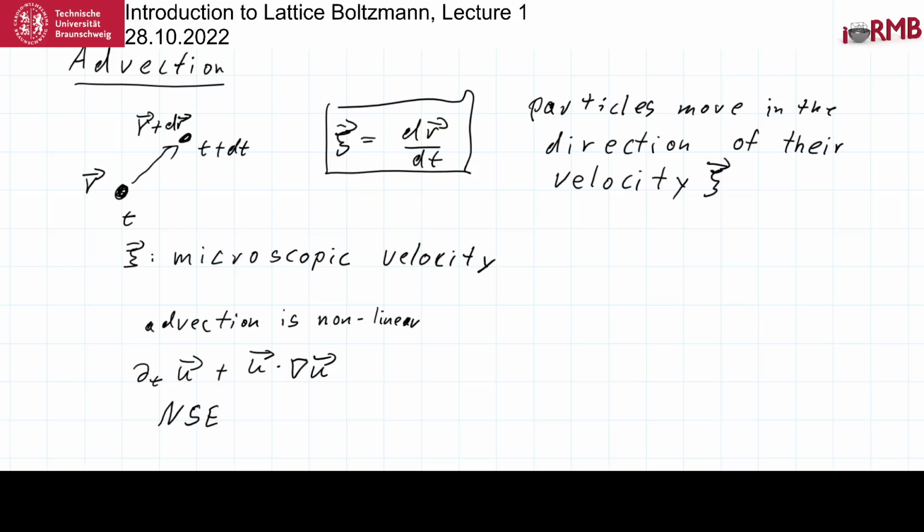Now look at this terrible Boltzmann equation, dtf plus xi into the scalar product on nabla f. Okay? Boltzmann transport equation. This thing is linear.